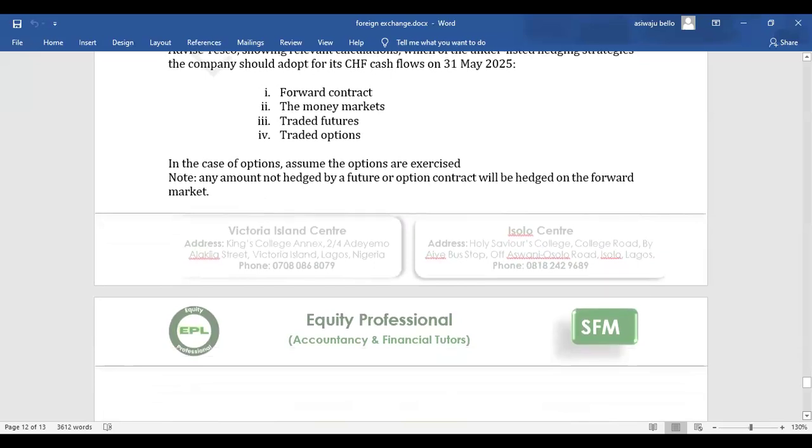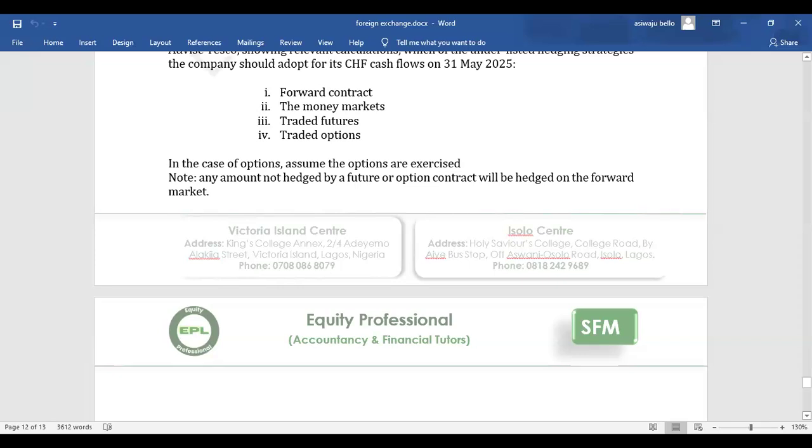In the case of options, assume the options are exercised. Remember what I said: where you are not given the actual spot trades, examiners make this very clear, so we assume the options will be exercised. Note, any amounts not hedged by futures or options contracts will be hedged under the forward market.